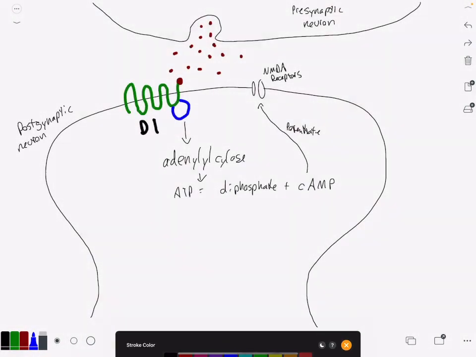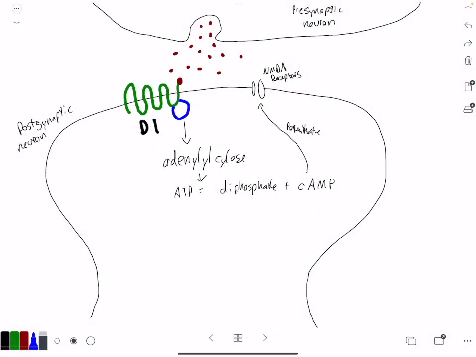And so what this will do is enhance the signaling, enhance the affinity for glutamate. Right, so this will become more sensitive to glutamate signaling. So it will potentiate. So here's a form of potentiation.